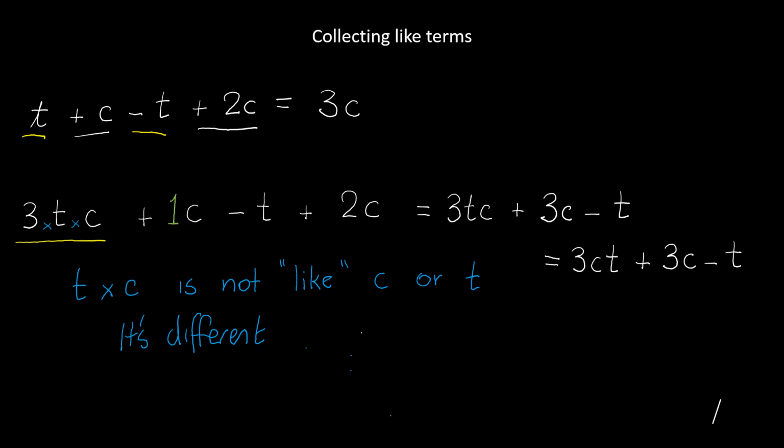Let's have a look at some more, getting a little bit harder. This time, we're going to try to collect like terms and simplify something that looks like 4x squared plus x. And this time you can see that we've only got x's in both of our expressions.